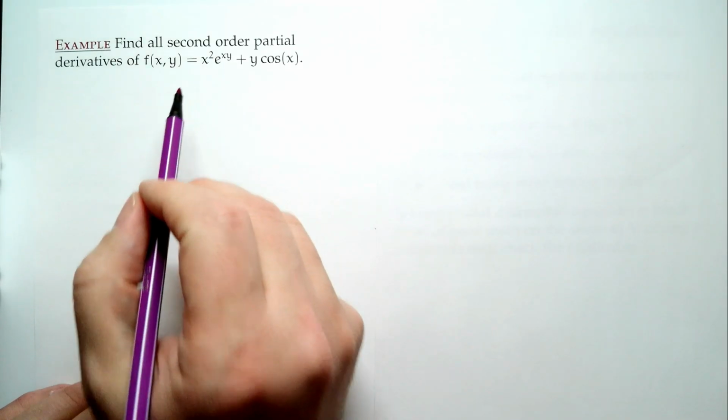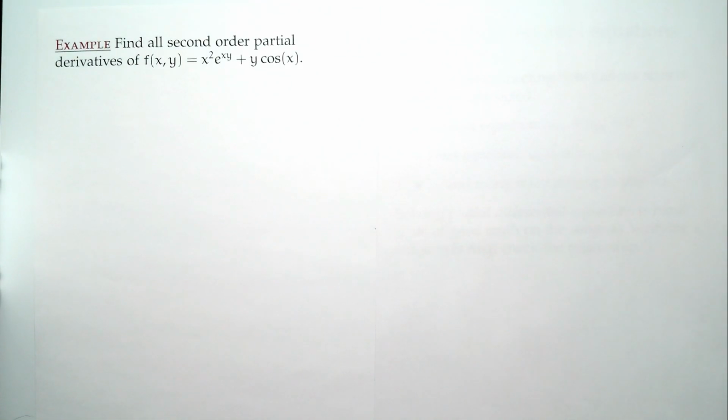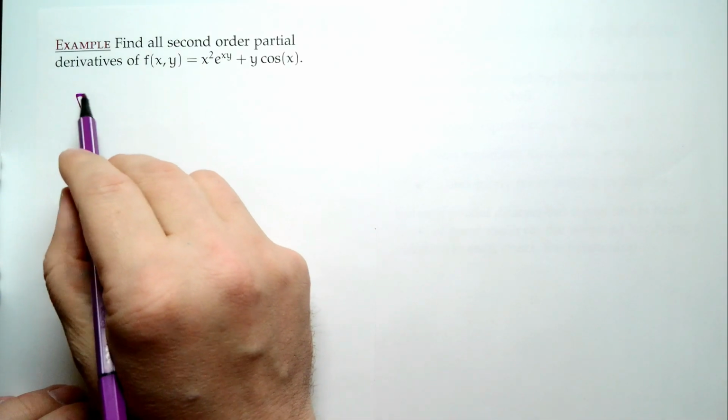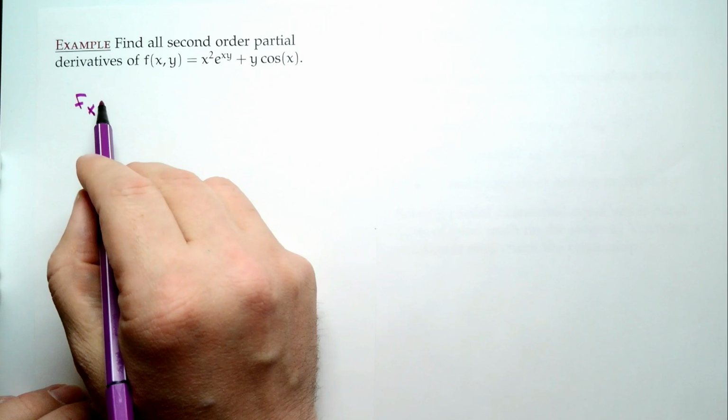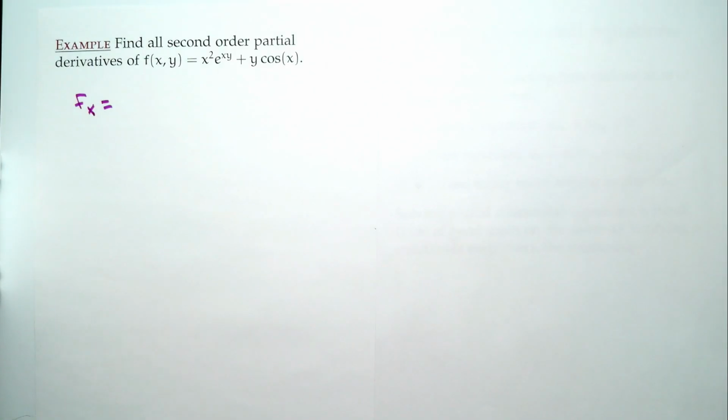So here's my function. If I want the second order partial derivatives, what should I find first? The first order partial derivatives. We've got to work our way up to it. Okay, so f sub x, and I'm going to suppress the of x and y, but they're always there.